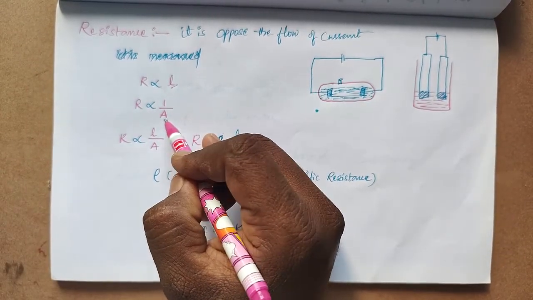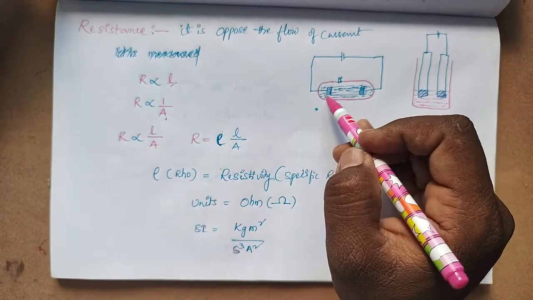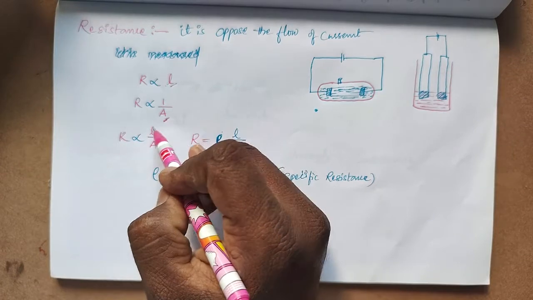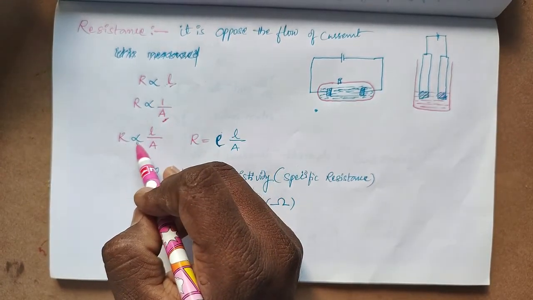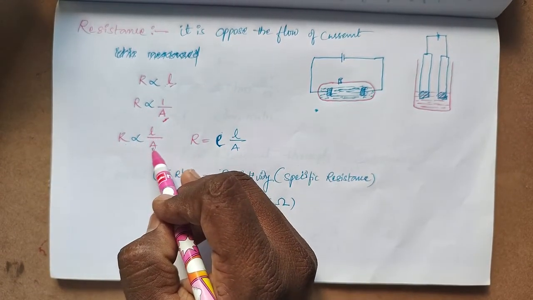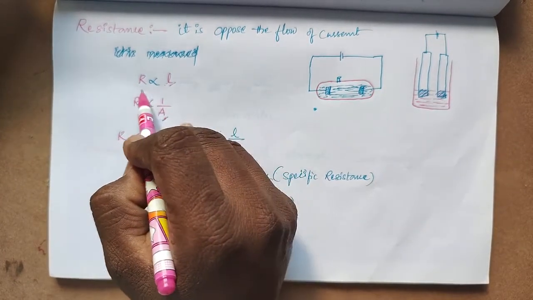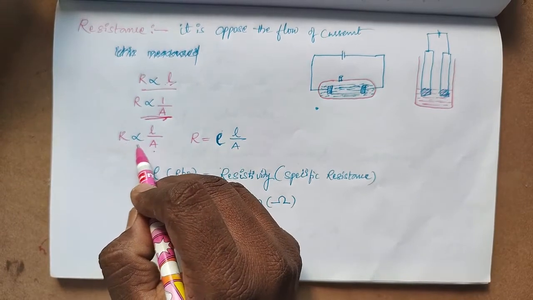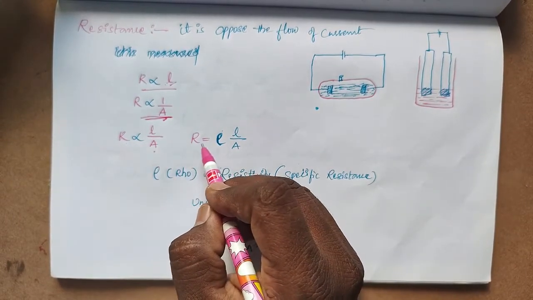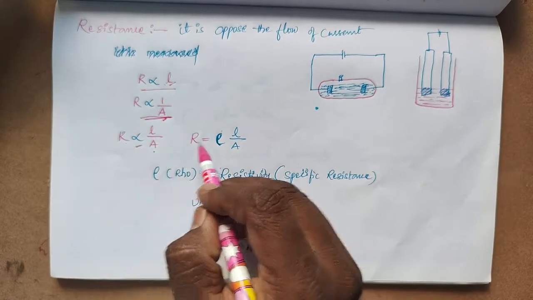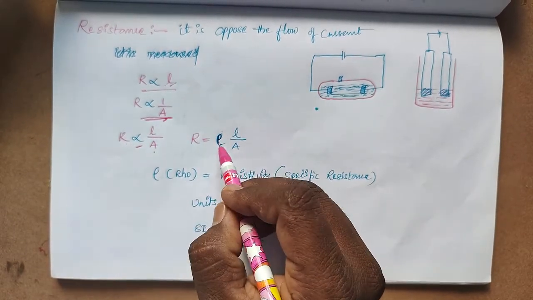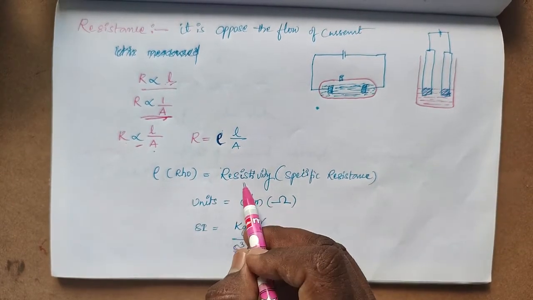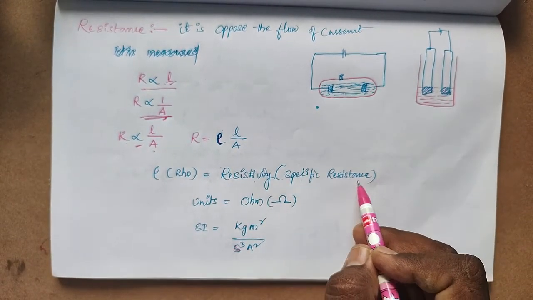R is proportional to L and inversely proportional to A, so R is proportional to L by A. To remove the proportionality, we introduce rho: R equals rho into L by A. Rho is also called resistivity or specific resistance.